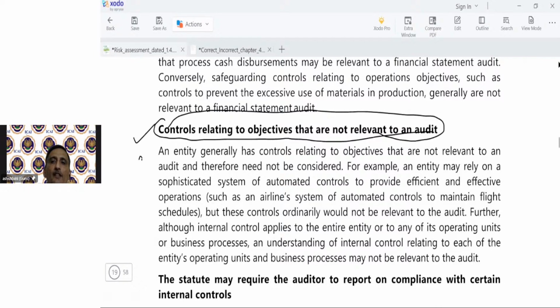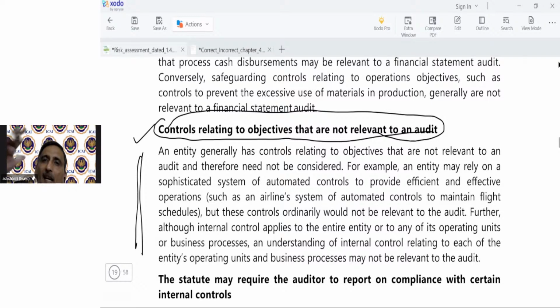In this, an example is given. There is an airlines company. The company has controls that all flight schedules are maintained properly, and there are automated controls relating to this.